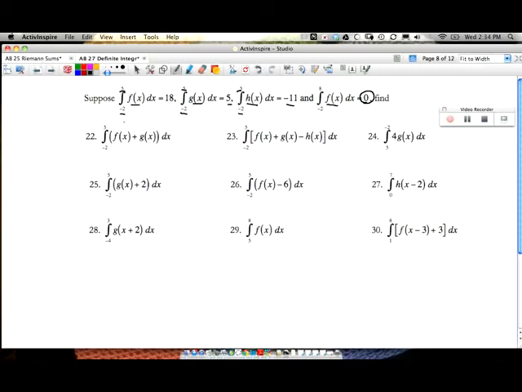Now remember that we can split up an integral into multiple terms the same way that we could a derivative. Let's clear this page and make this a little bit bigger, a little bit easier to read.